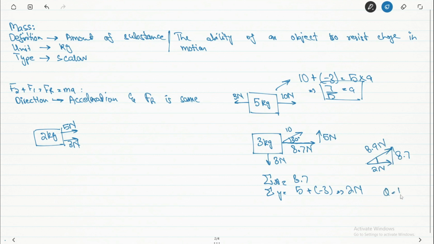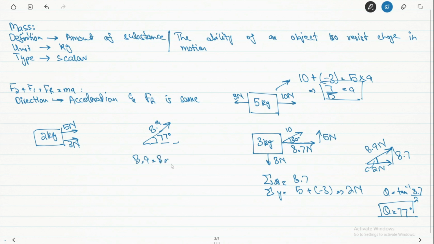So theta is equal to tan inverse 8.7 over 2, which is 77 degrees. Theta is equal to 77 degrees, right? So this is basically our resultant force: 77 degrees and 8.9 Newtons. This is the resultant force of this system. So what we do now is just apply this.